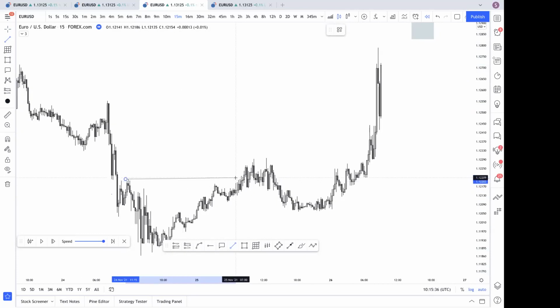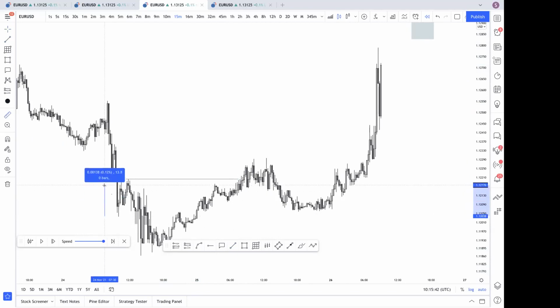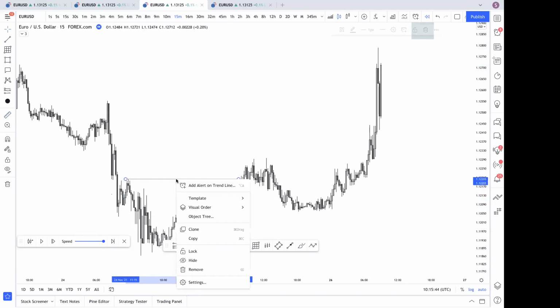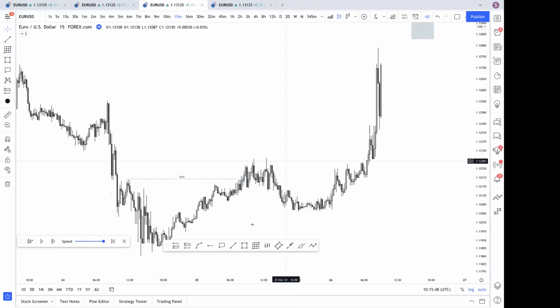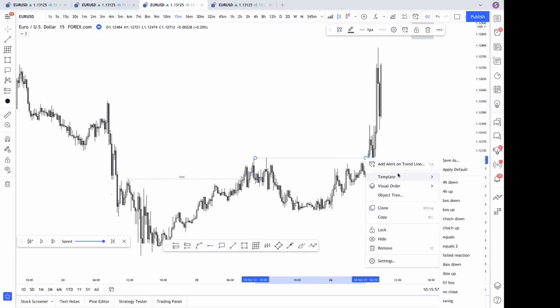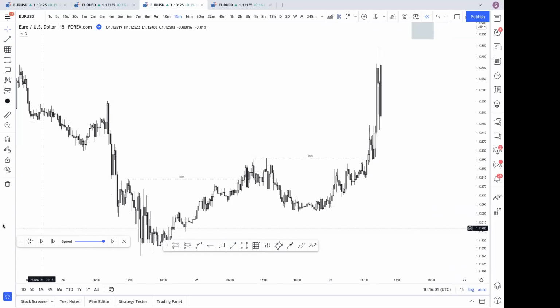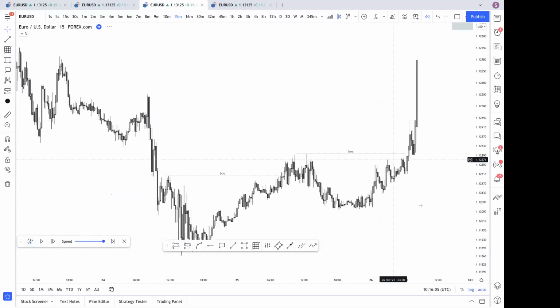Is that high correct? Looks it. Yeah. So we can see we have bullish structure. We get another break of a high here, so we have more bullish structure over here. Then we get a break of this high.